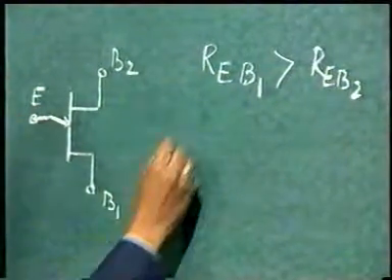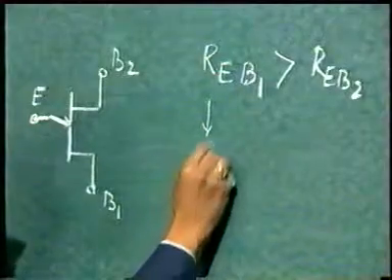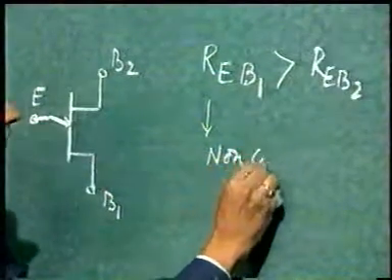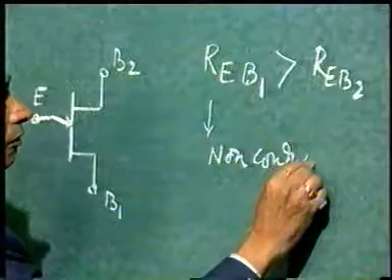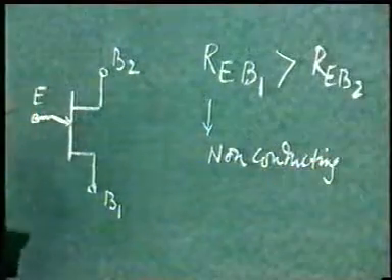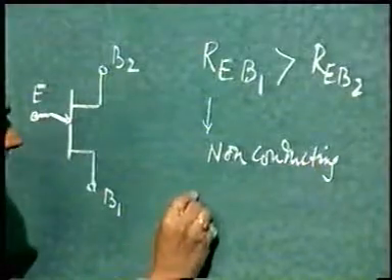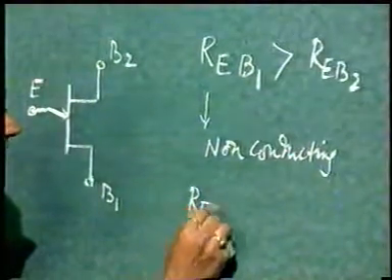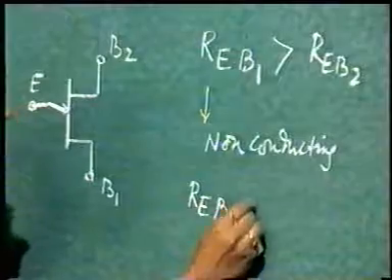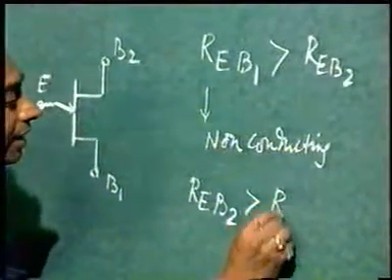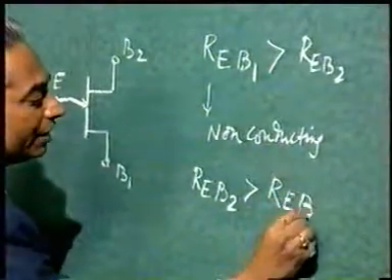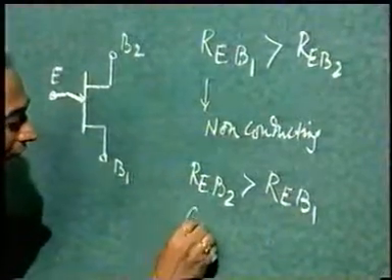But this is when the device is non-conducting, and what will be the position when it is conducting? Reverse, that is, resistance between emitter and base 2 will be greater than resistance between emitter and base 1. This is for conducting state.